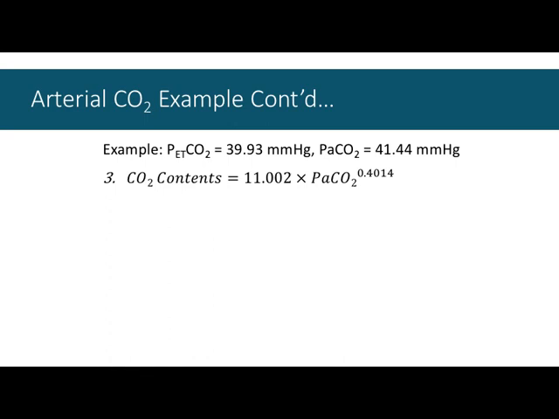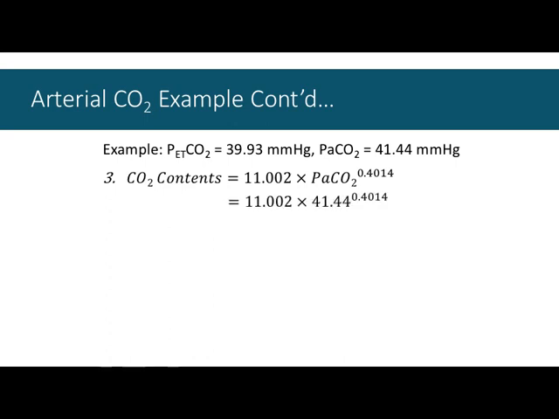So if there is a pressure that you can measure in blood, the contents will be related to pressure according to this equation. It's different for oxygen because it has a different tendency to dissolve in a fluid. The contents can change. So this is a standard equation that you would simply plug a number into to get contents in mils of CO2 per 100 mils of blood. It's a concentration. So I'll do just that.